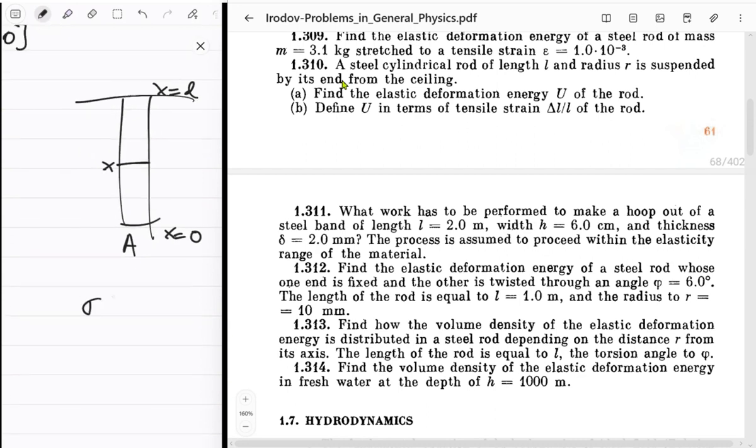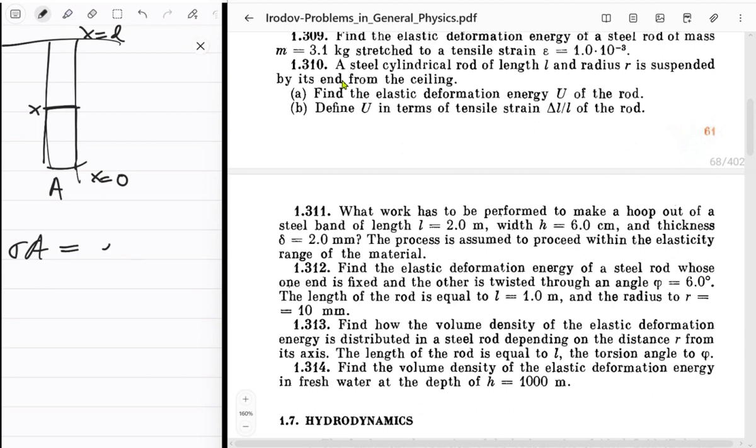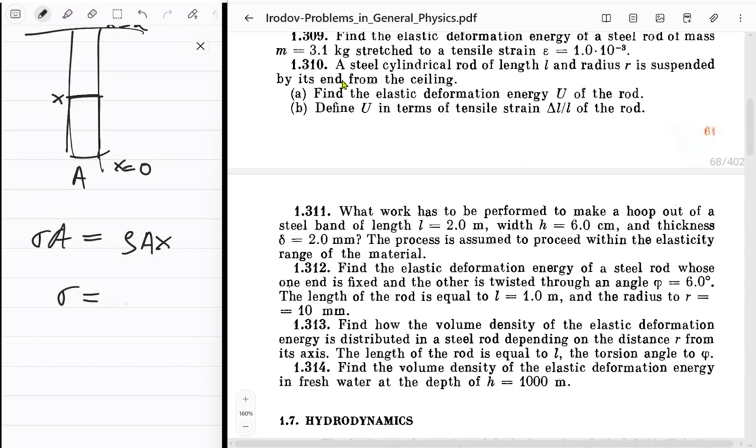The stress times the area is equal to the force pulling all of this up, which is just the density times the area times this length, which is x. So the stress is just equal to rho x, which means our strain is rho x upon... you know what, let me just leave it like that. It's good enough. So this is our stress at some x value, right? Awesome.